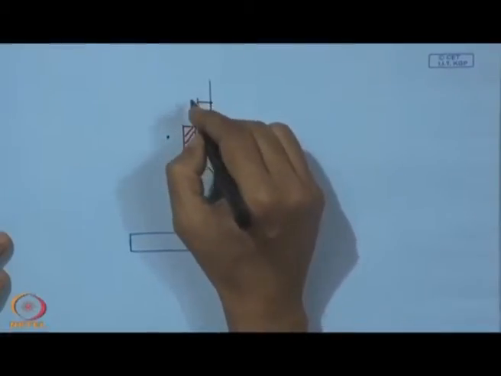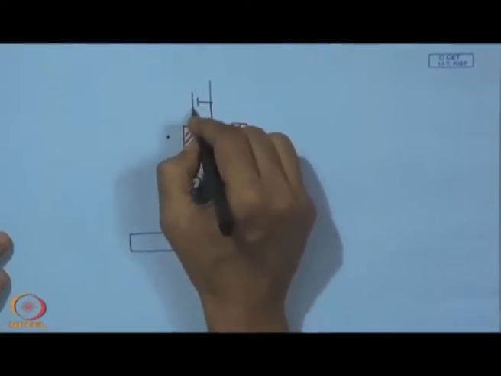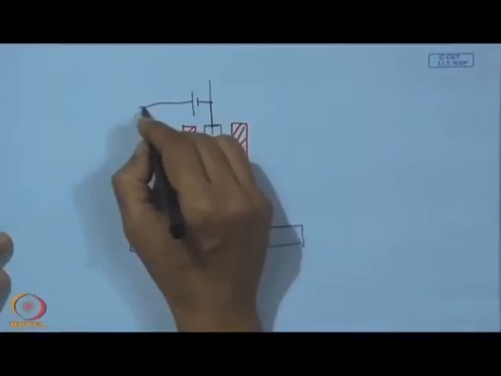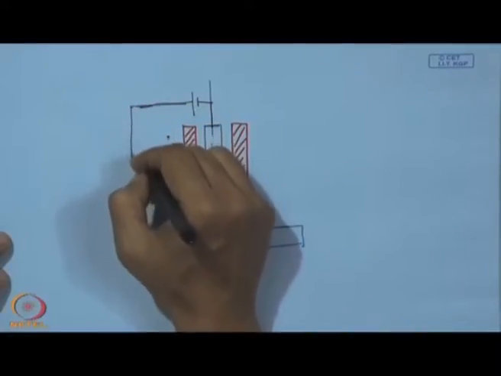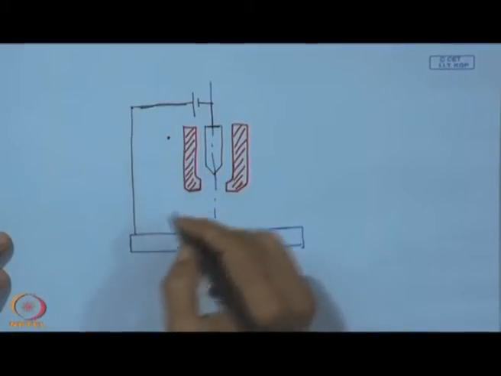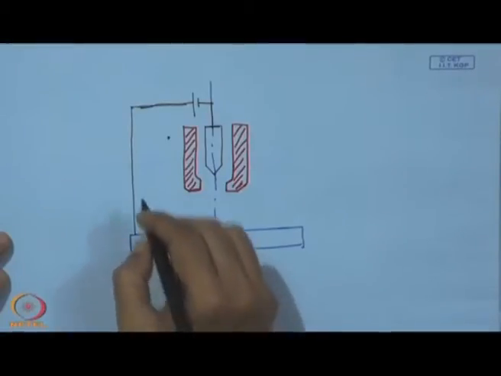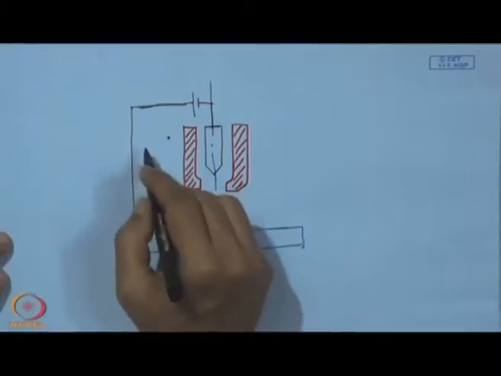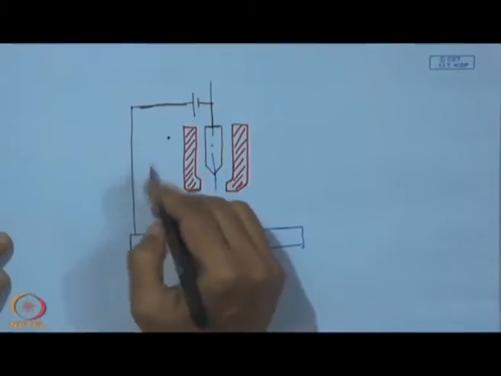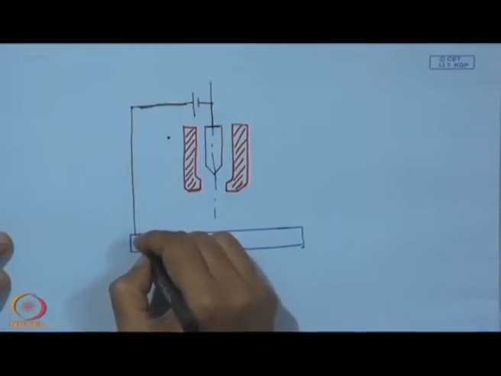So, this is negative, and here this is positive. So, it is connected like this, and then from this point we have made another connection. So, that means this is also from this point.